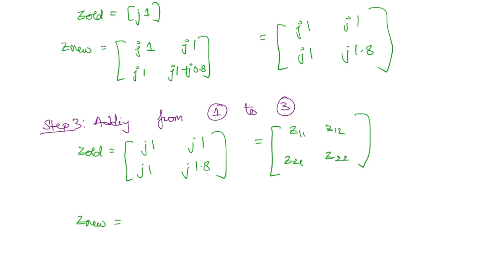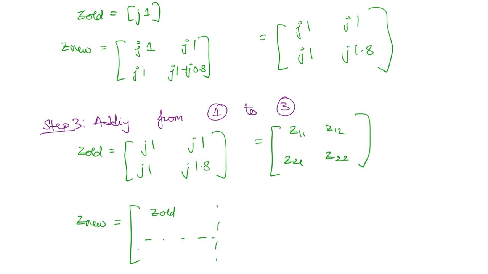Now what will be Z new? Z old will come as it is, and the extra row that will be associated with whichever is the old bus. What is the old bus here? Bus 1. So we need to write the first row here. Similarly first column here, and this diagonal element is going to be Z11 plus ZB, right.